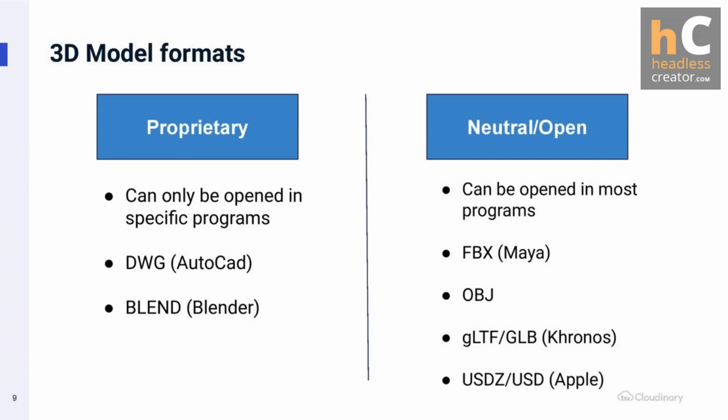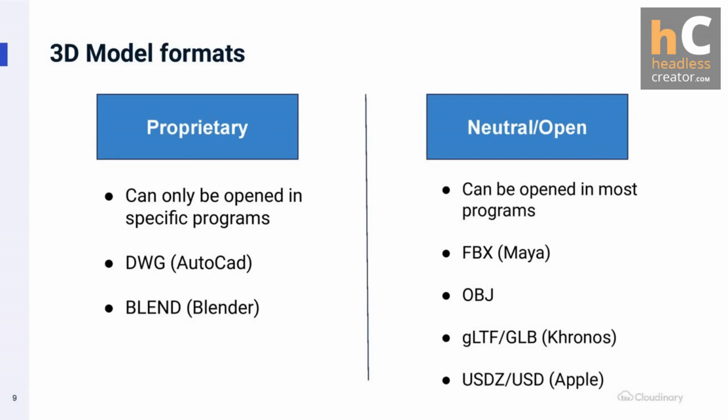Meaning you need that particular modeling program to actually open that file and that model and work on it and save it. And there is a place in the industry and in your production workflow for proprietary models, because, for example, AutoCAD might allow you to do a lot of more advanced interesting things, and so they need a way to capture all of that.